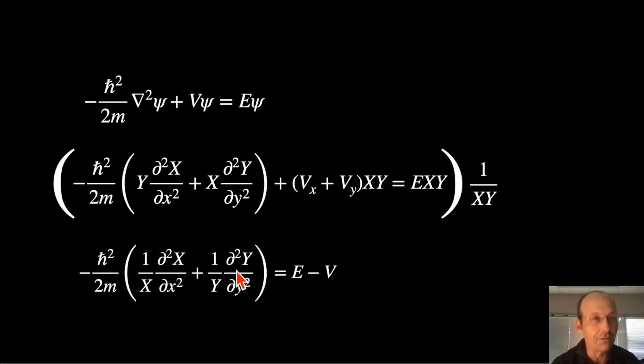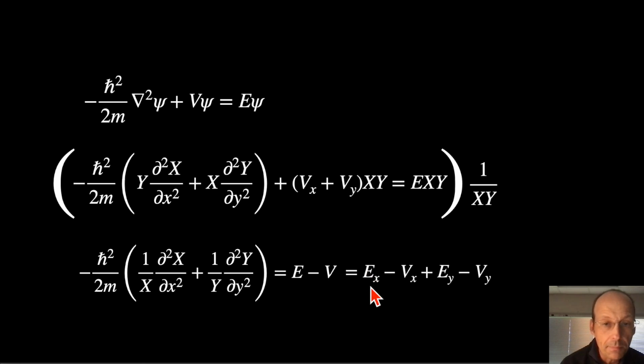So we're back into the similar situation that we had before. And then here I have the energy minus the potential, and I can actually write this as the following. I can say there's an x energy minus the x potential plus a y energy minus the y potential. Why would I do that?